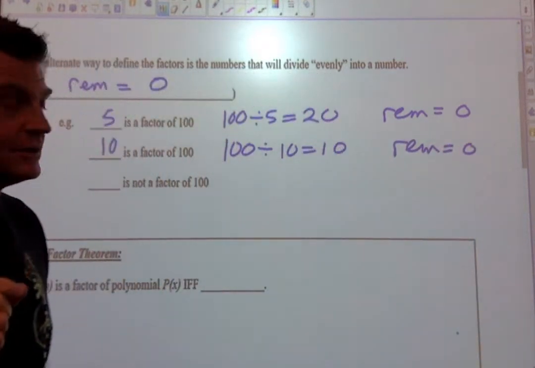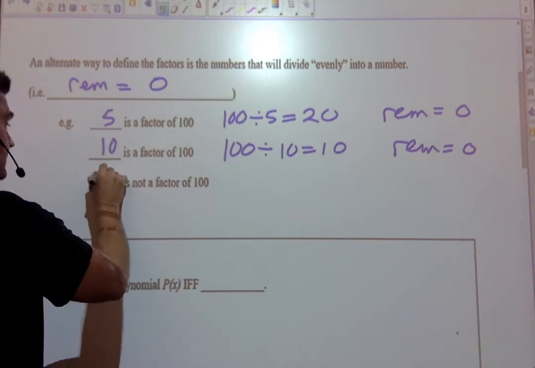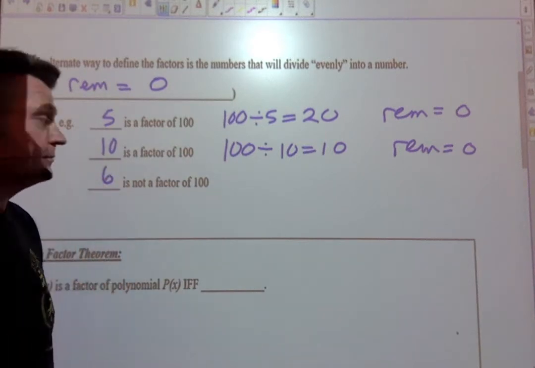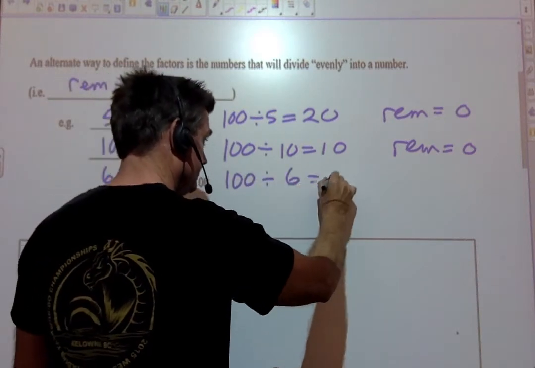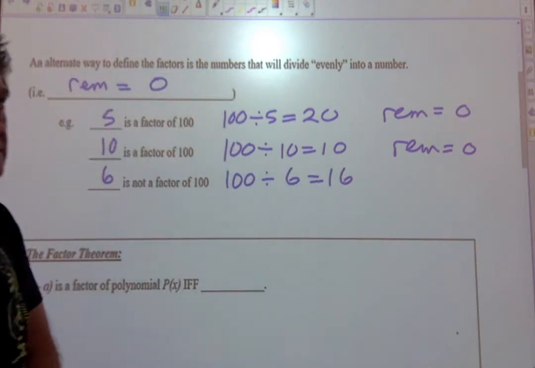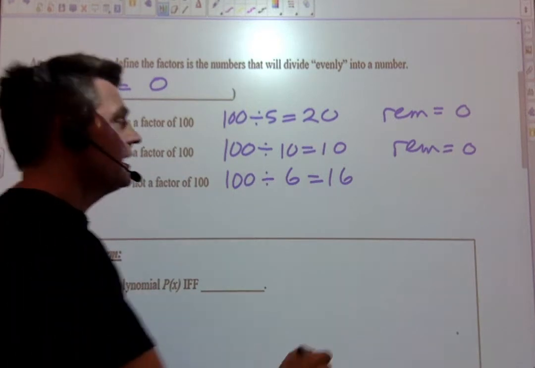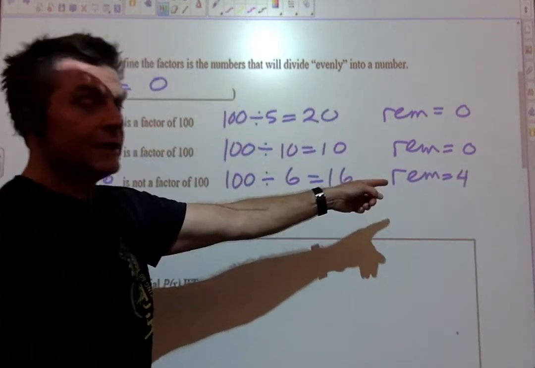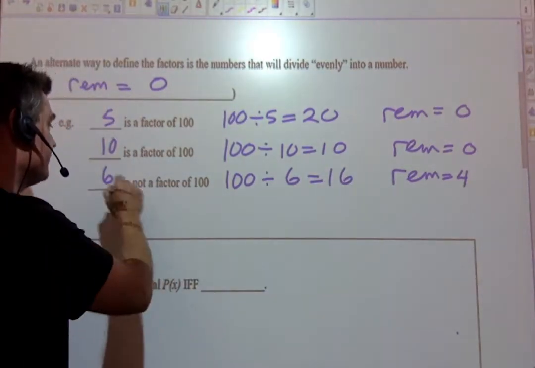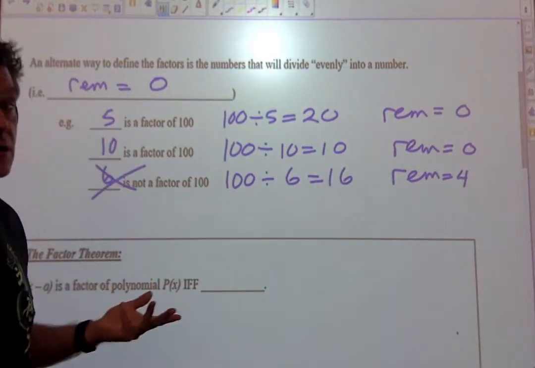There's no remainder. 6 is not a factor of 100. Here's why. If I divide 100 by 6, it gives me 16, because 16 times 6 is 96. I have a remainder of 4, right? So if the remainder is anything other than 0, it's not a factor. I don't want 6. 6 is not going to work.